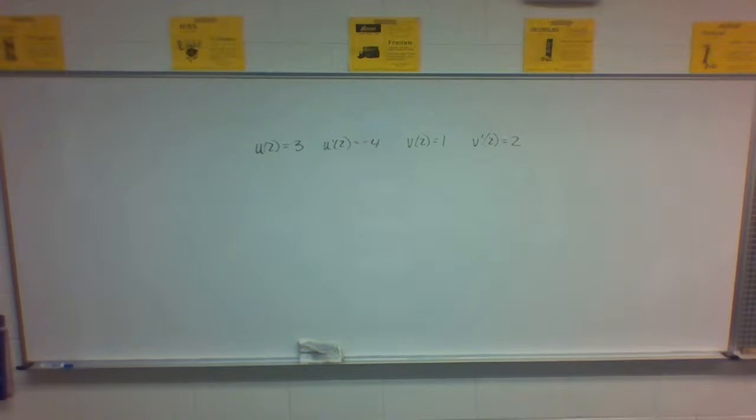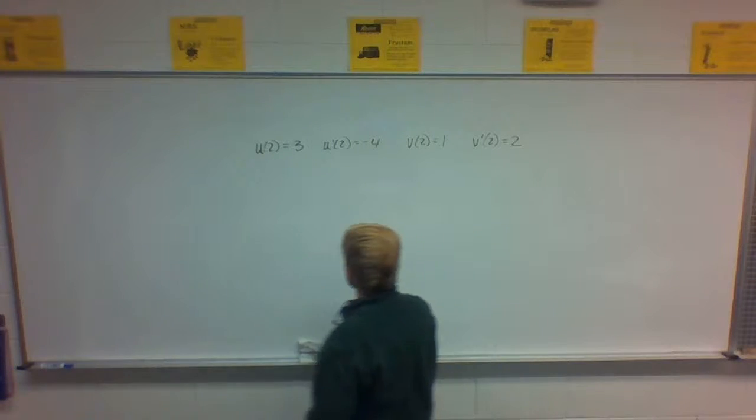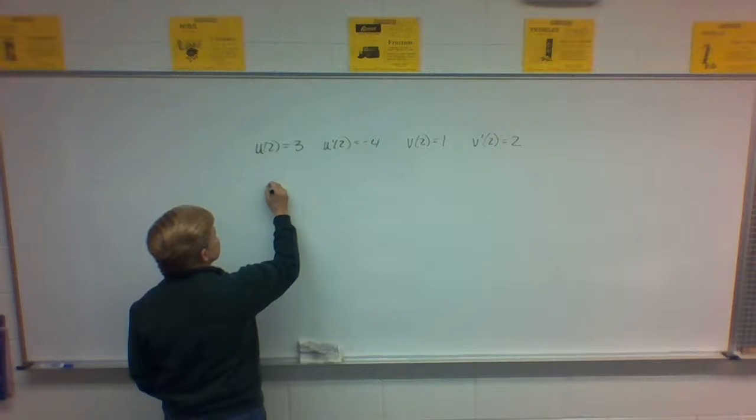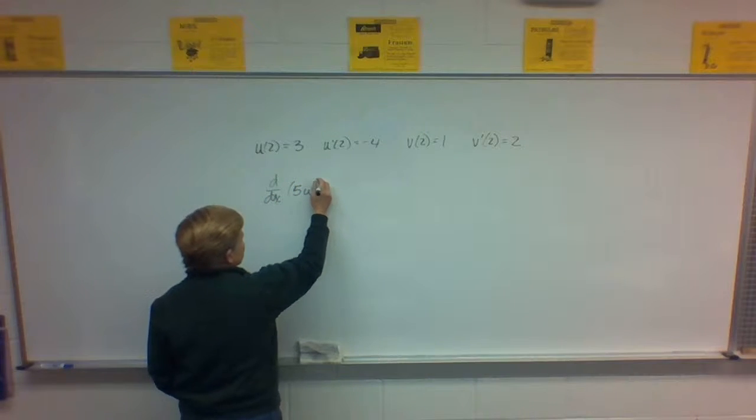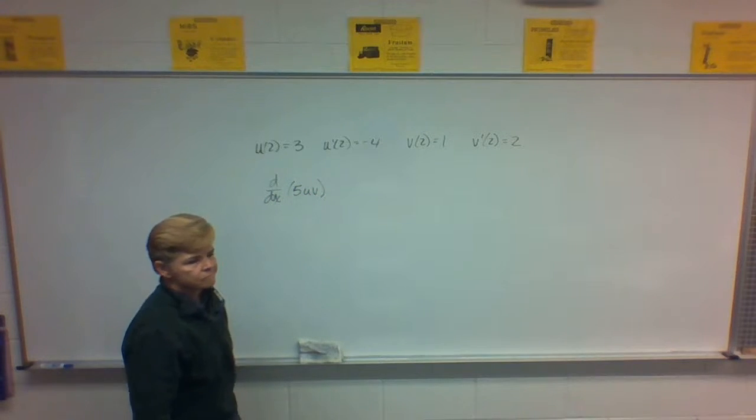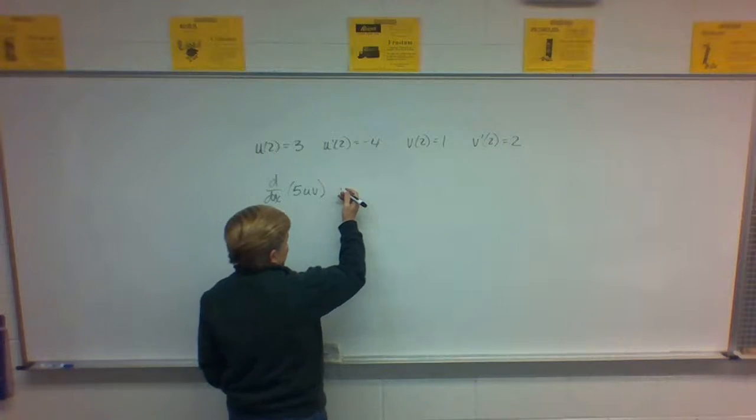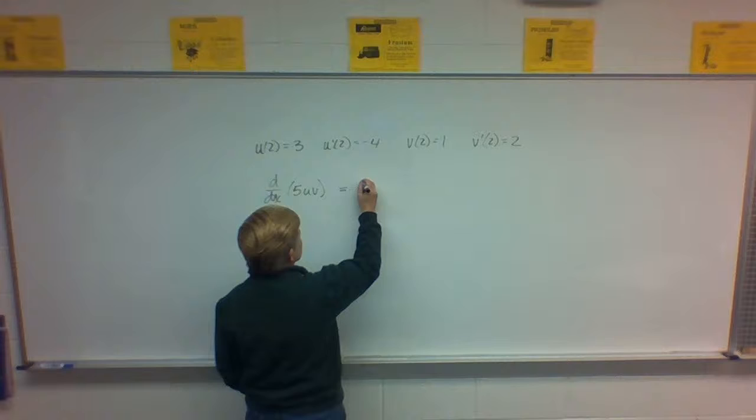I will give you a little bit of variation like is on the test. In 24A, it says find d/dx of u times v. On the test, when they ask you to do something like that, it's going to be find d/dx of 5u times v. Now, you should understand that that's the same thing as finding this.